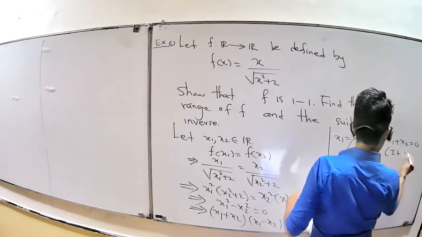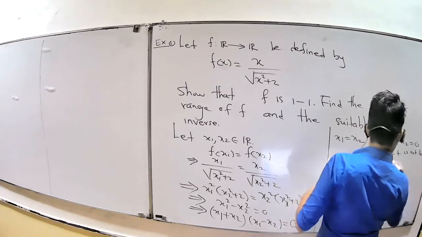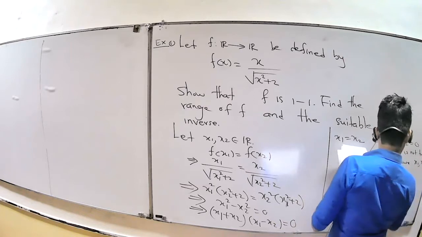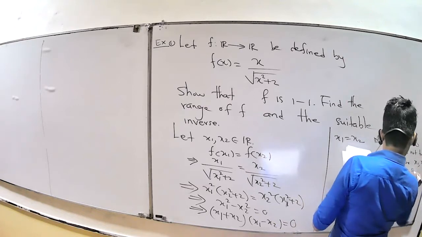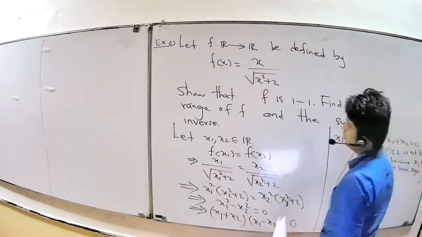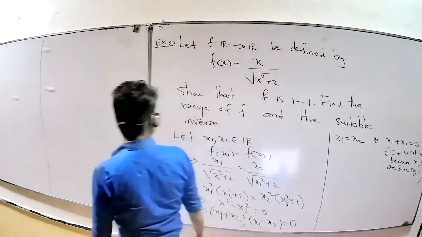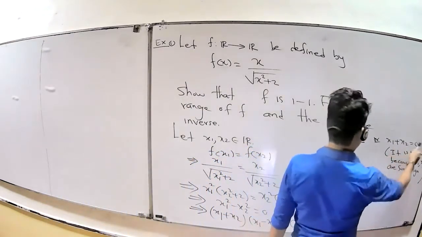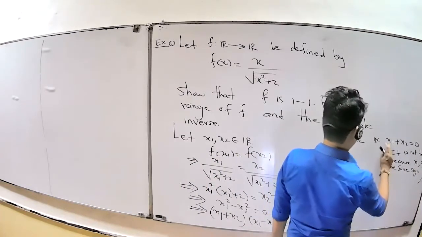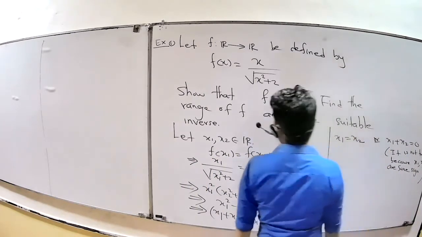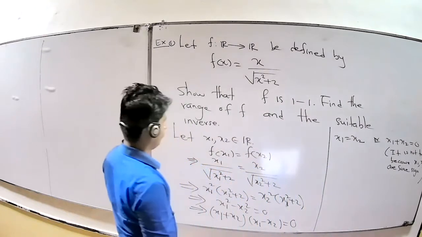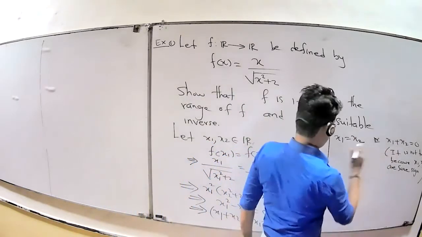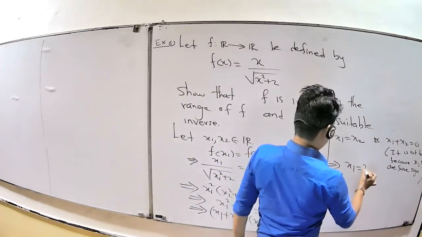The second is not true because x1 and x2 have the same sign. For this case we can't get 0 here. Suppose x1 is positive, x2 is also positive. Therefore the only possibility is x1 equals x2.